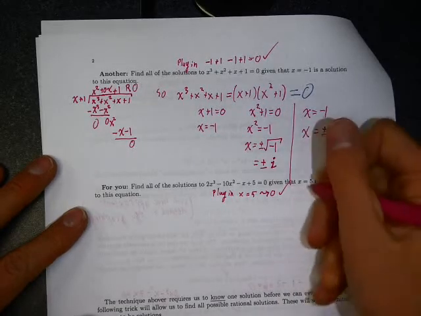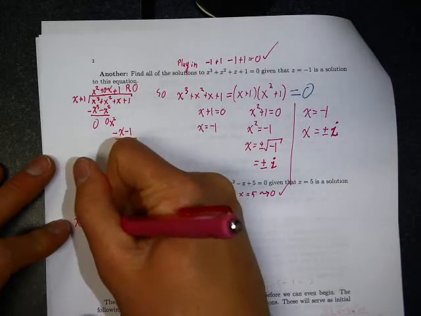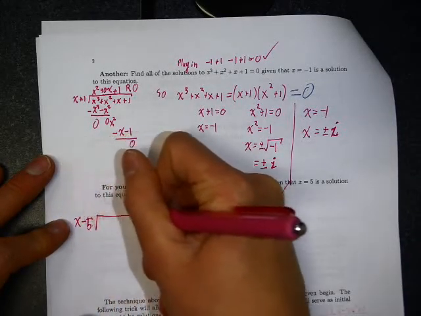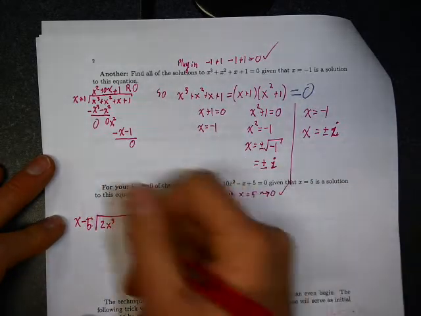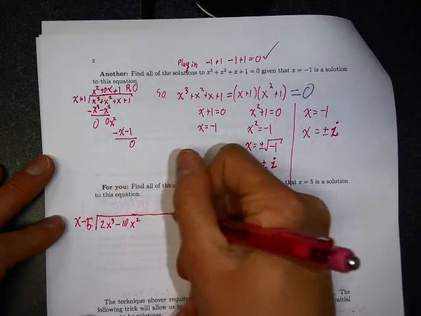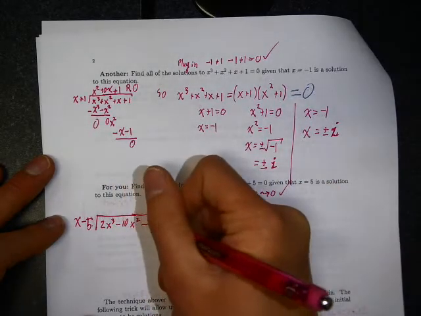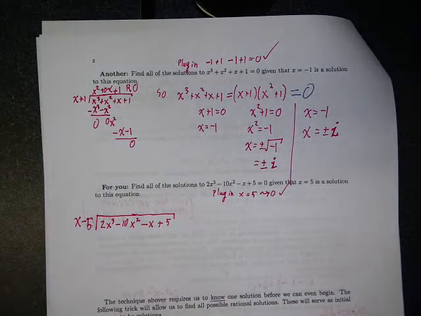X minus 5 is a factor. So x minus 5, I need to see what happens when you divide that into 2x cubed minus 10x squared minus x plus 5.